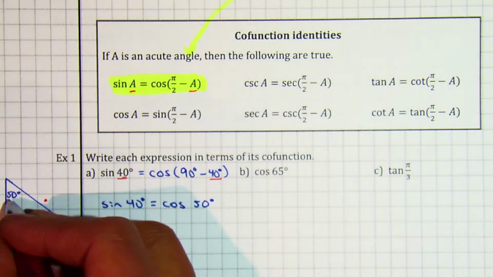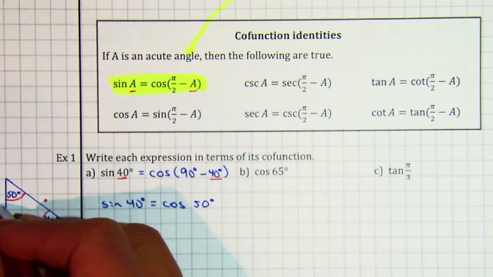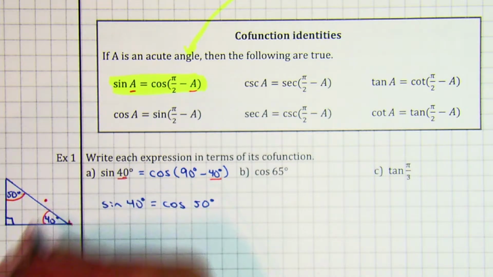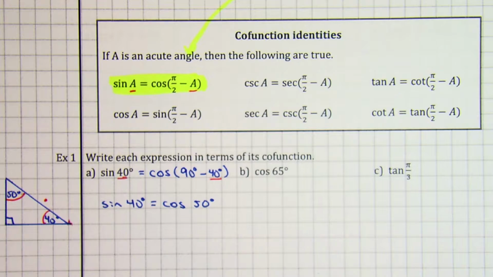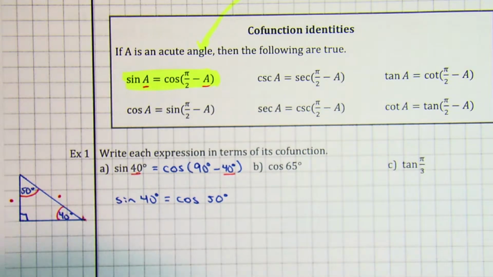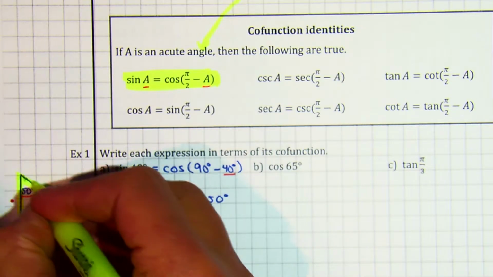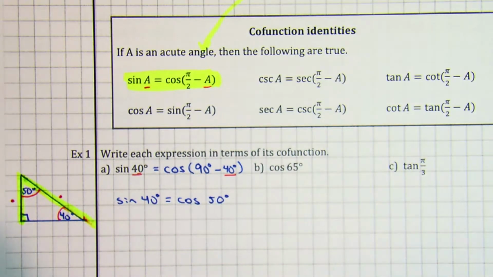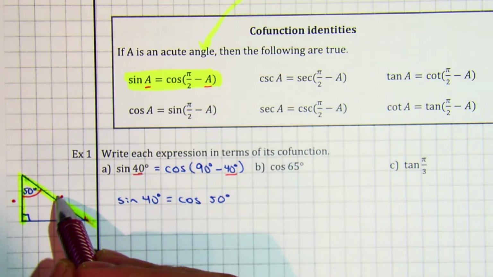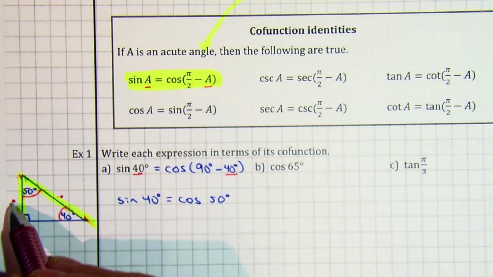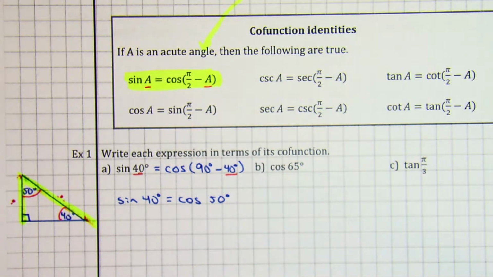And if you take the cosine, it's your adjacent over your hypotenuse. It's exactly the same sides that you are using, correct? So for both of them, the sine of 40 is your opposite over hypotenuse, and the cosine of 50 is your adjacent over hypotenuse, and that's why they're equal to each other.